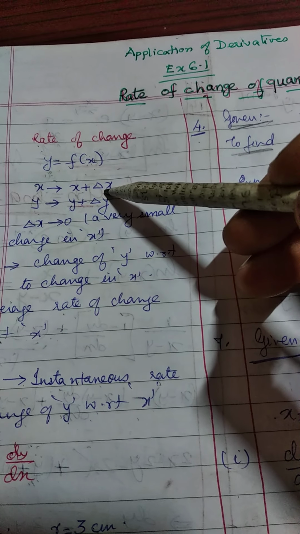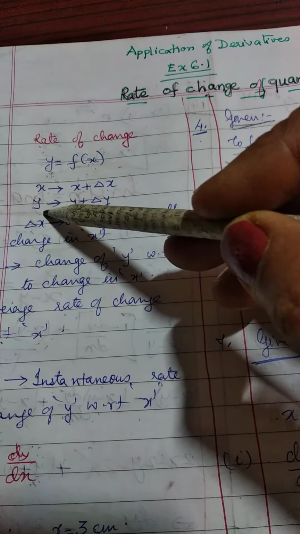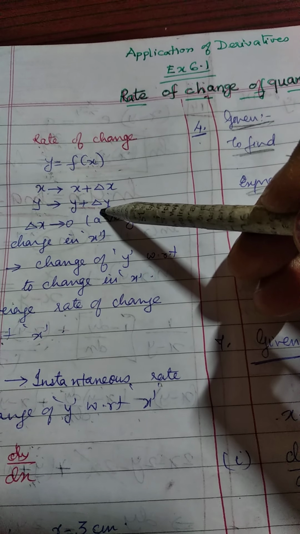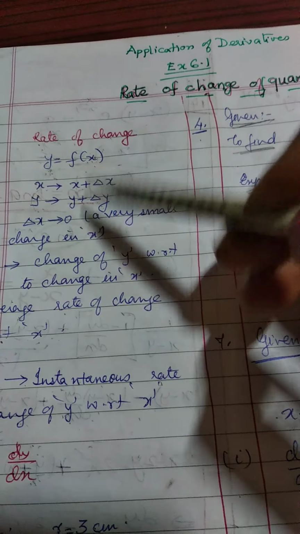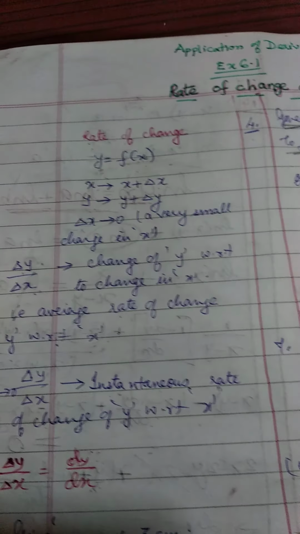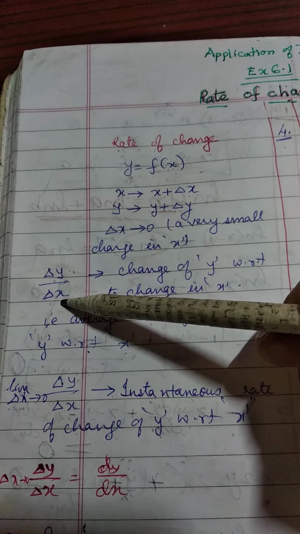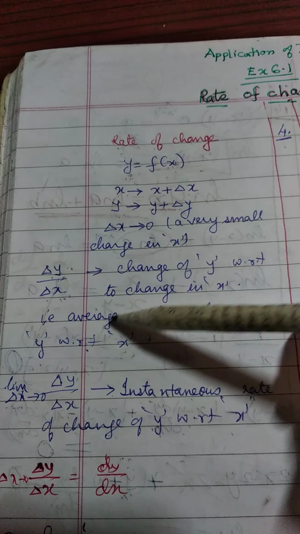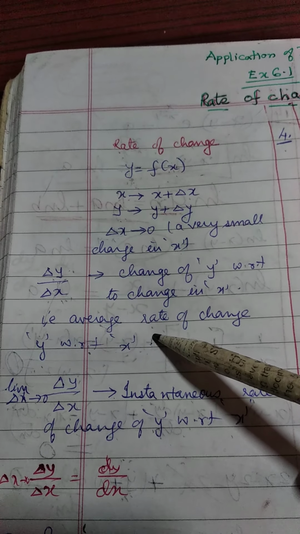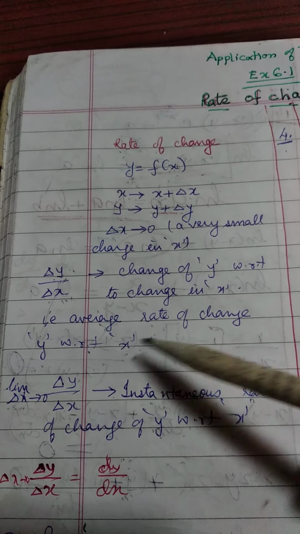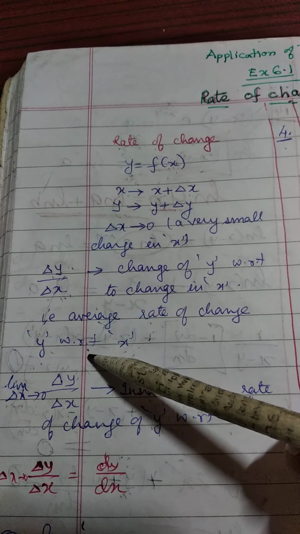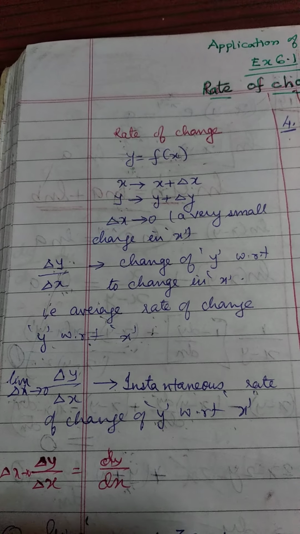The change in x is del x. The change in y will be del y. This corresponding change in y, that is the dependent variable, with respect to the independent variable is known as the average rate of the change of y with respect to x.